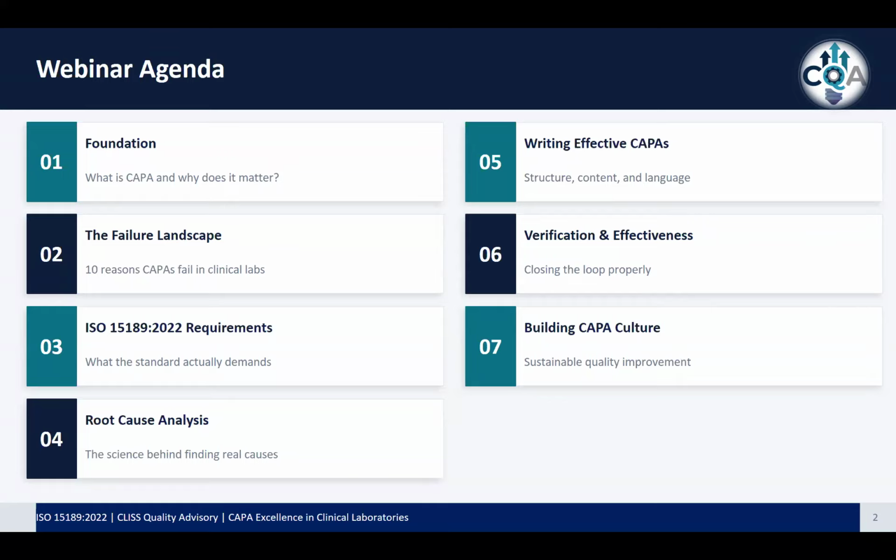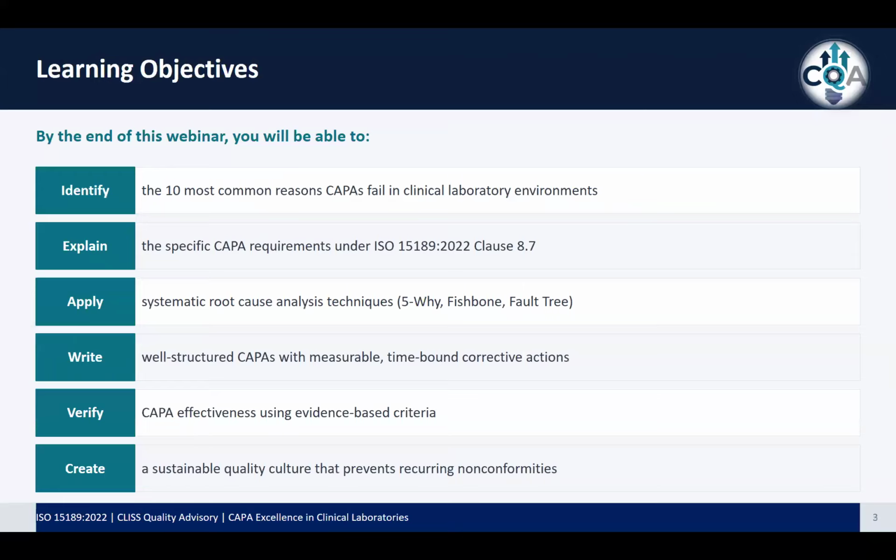We will introduce the science behind root cause analysis. We'll also talk briefly about writing effective CAPAs. In here, we'll be looking at the structure, the content, and the language that you should be using when you are writing effective CAPAs. We will also talk at length about verification and effectiveness before your corrective actions are closed. Then we'll also give you some insights on building a sustainable CAPA culture that will help you improve and ensure your labs are implementing these with ease.